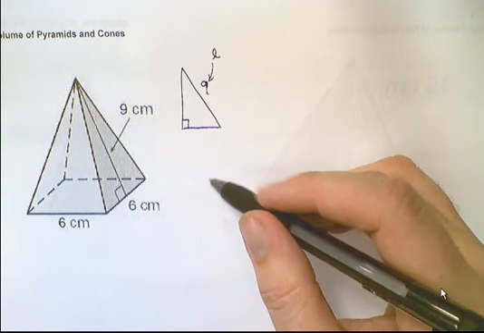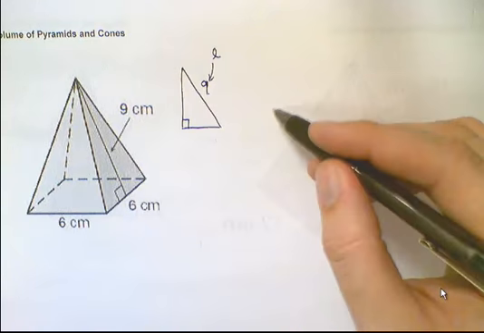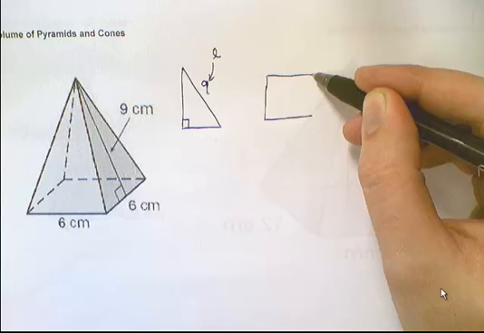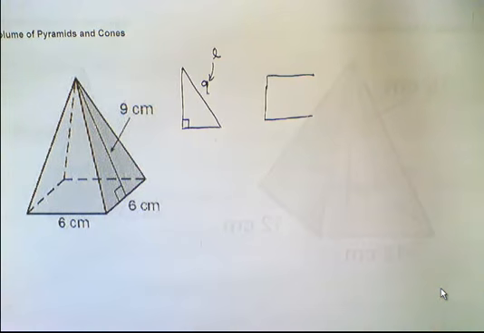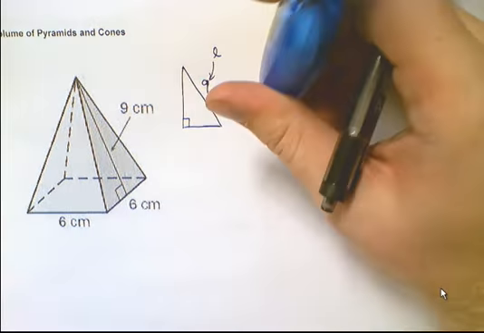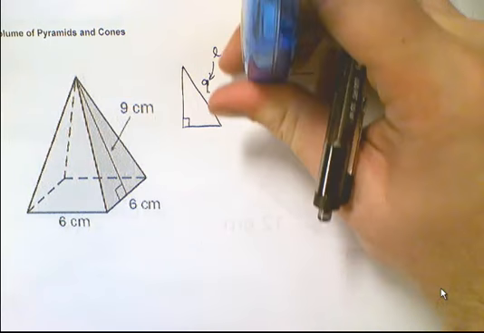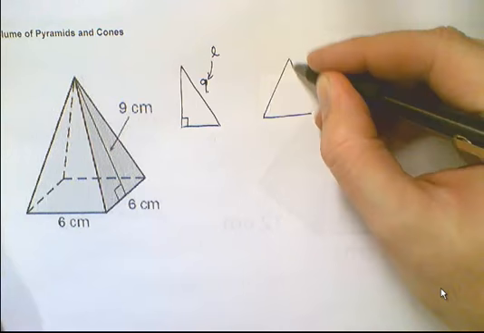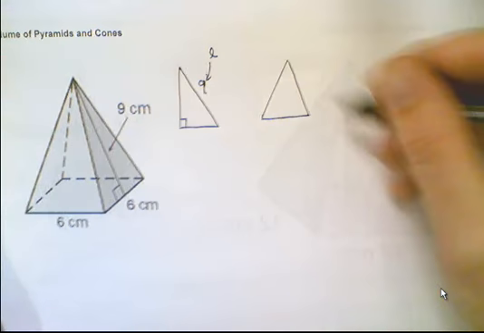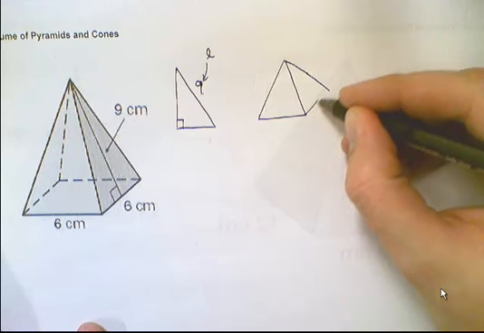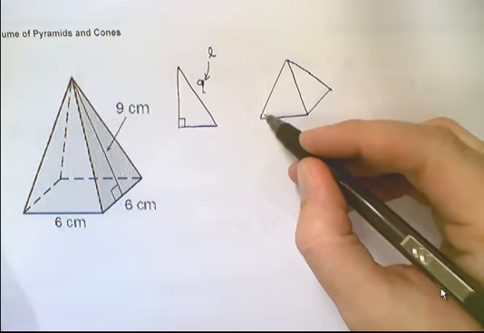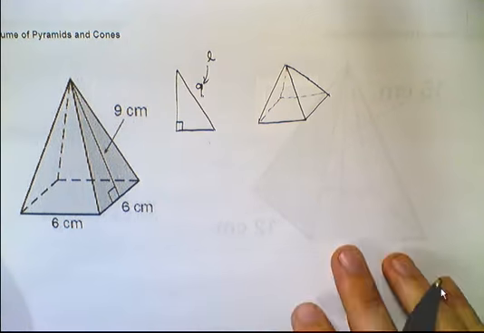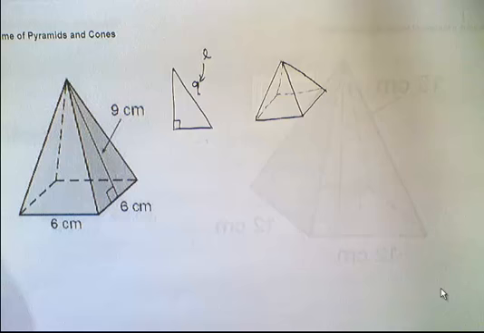If you need to know how to draw one of these, instead of drawing the square first, what I would do is draw the front face of the pyramid, and then draw one off to the side here. Then you can go in and make a square pyramid. That's how you would draw this figure.